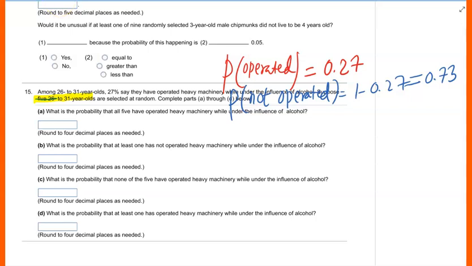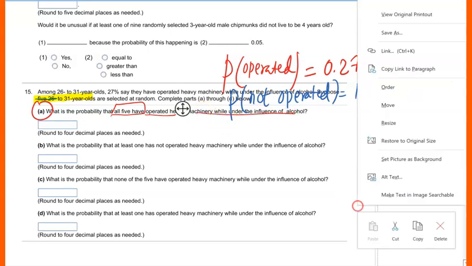Alright, let's answer part A. Part A: what's the probability that all 5, remember the 5 people are randomly selected, have operated under influence of alcohol?